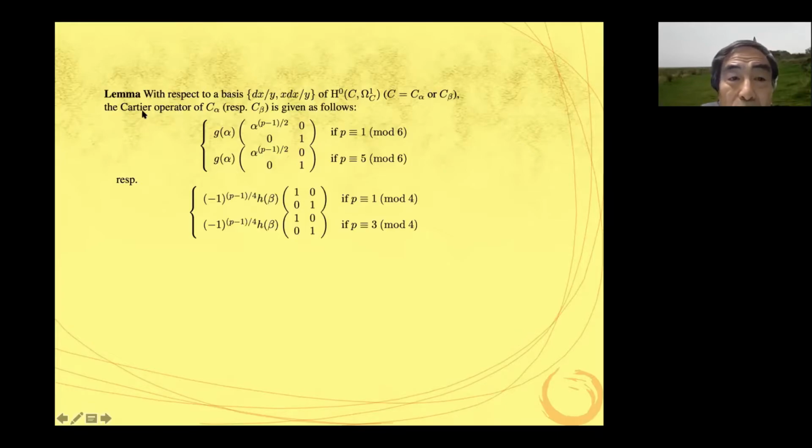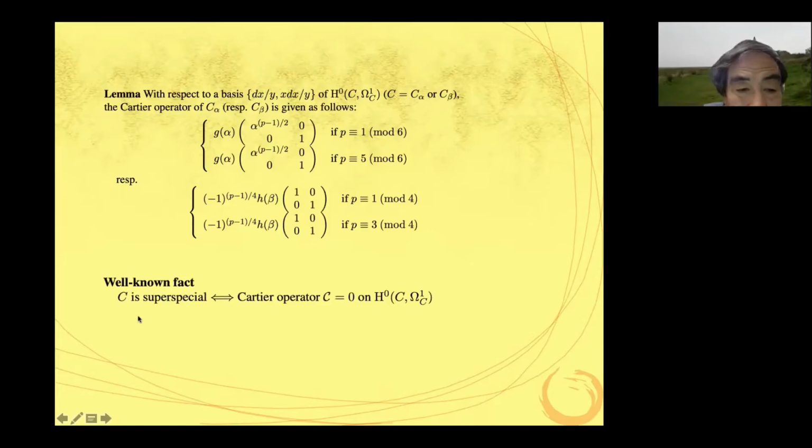Then the Katsura operator of C alpha, respectively C beta, is given as follows. We can get to such a matrix. A well-known fact: C is superspecial if and only if the Katsura operator is 0 on this space. This is a criterion of superspeciality.